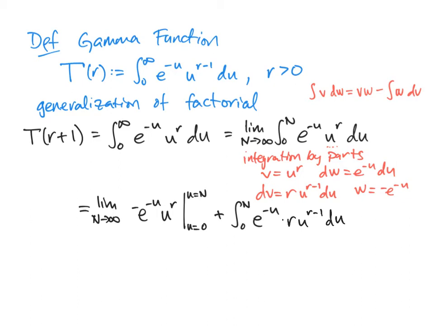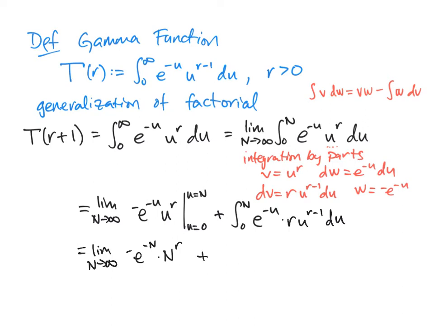Okay, so plugging things in, we get the limit as n goes to infinity of negative e to the negative n times n to the r. And then when we plug in u equals 0, that goes away, so we get a minus 0.